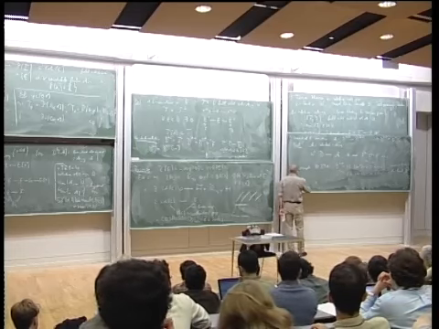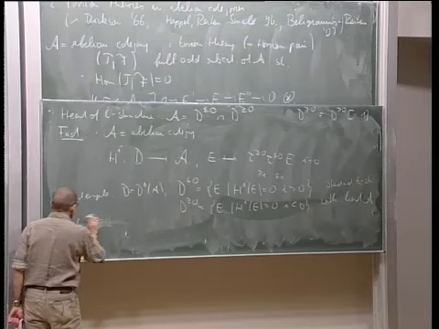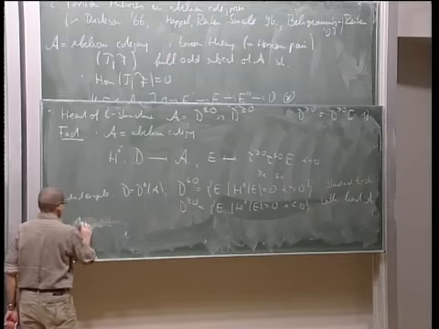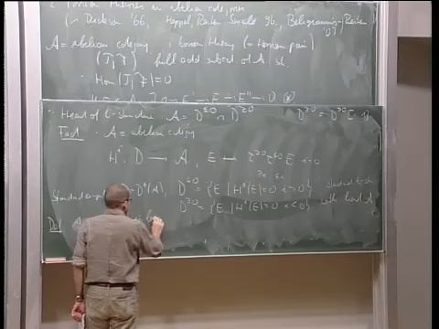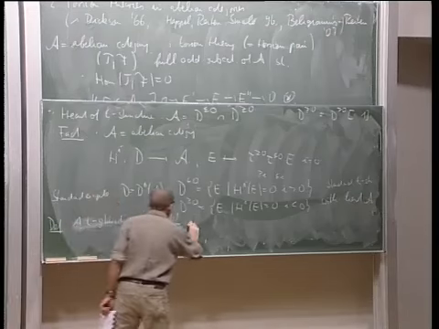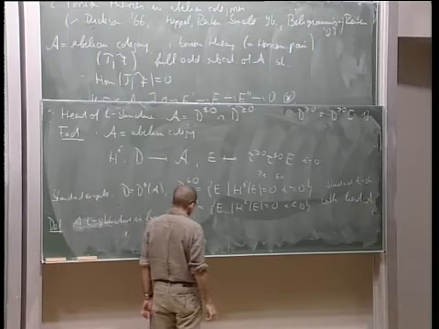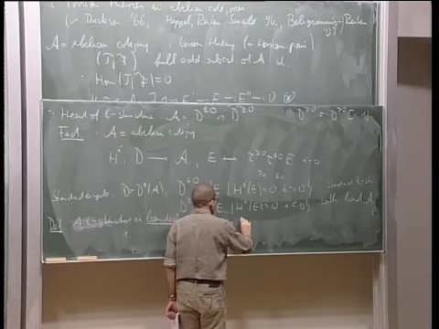A T structure is bounded if for every object there exists an n such that E is contained in the subcategory.